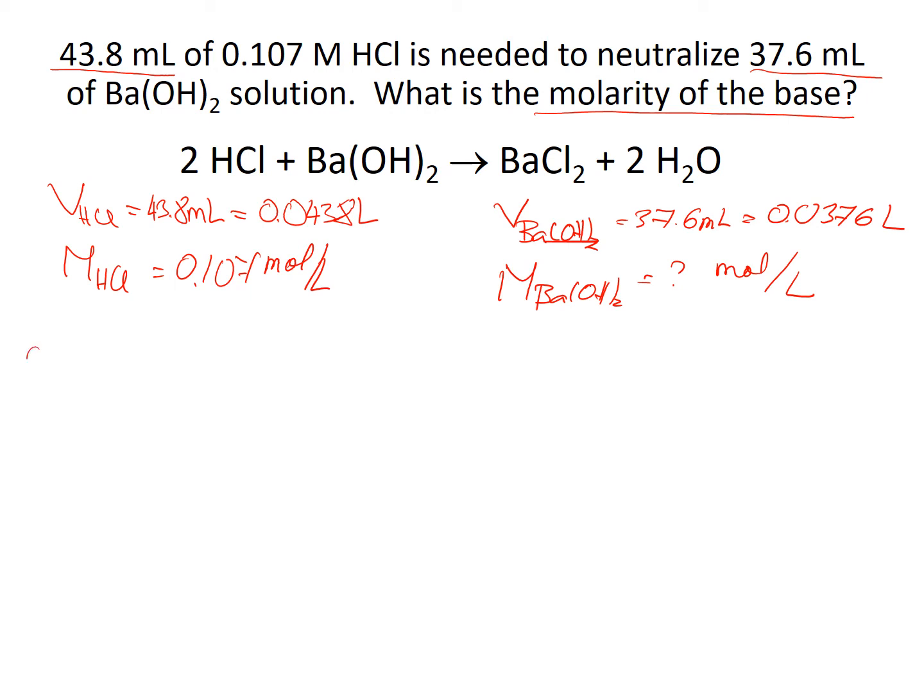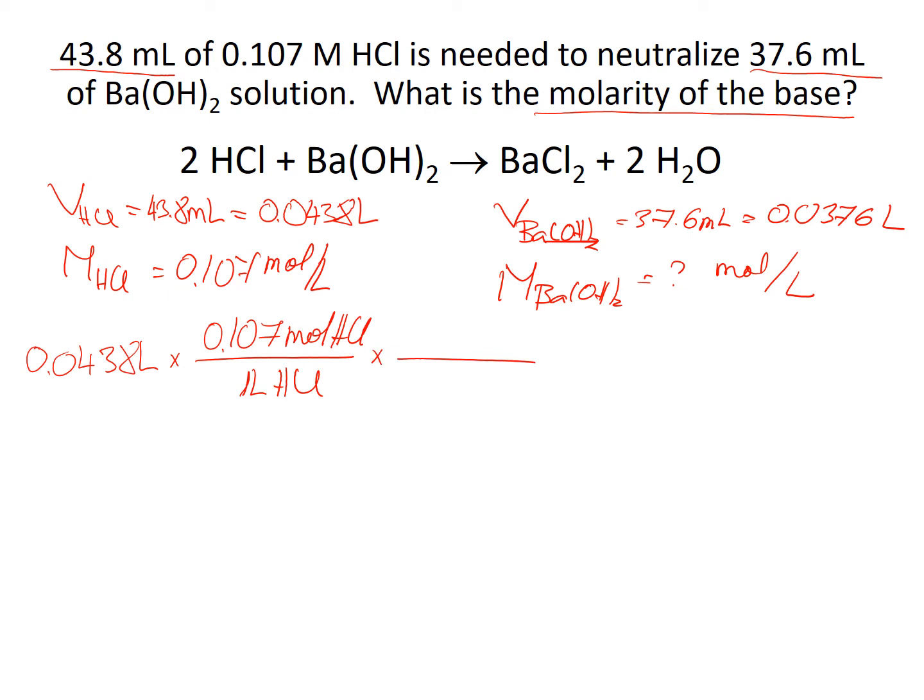We'll start with the volume of hydrochloric acid solution, and then we're going to say that in every 1 liter of the hydrochloric acid solution we have 0.107 moles of hydrochloric acid.